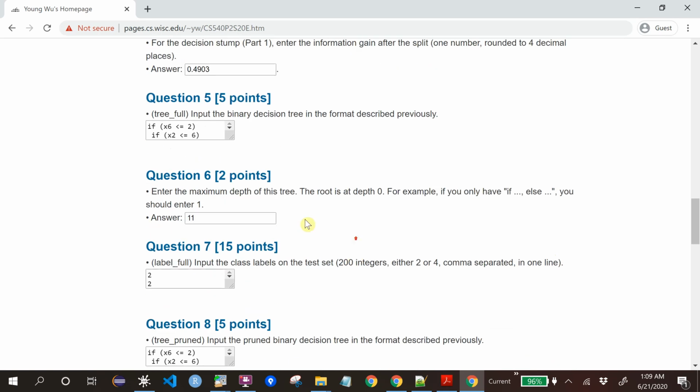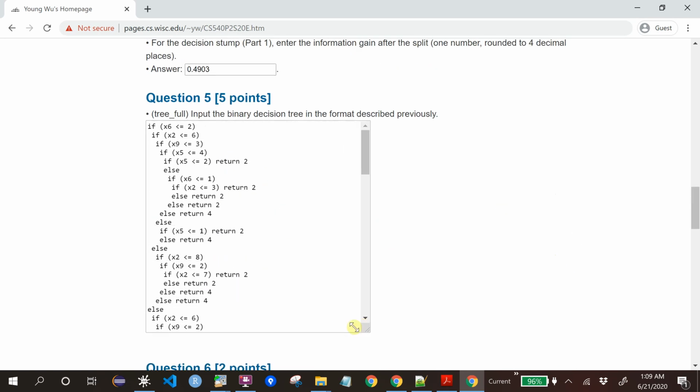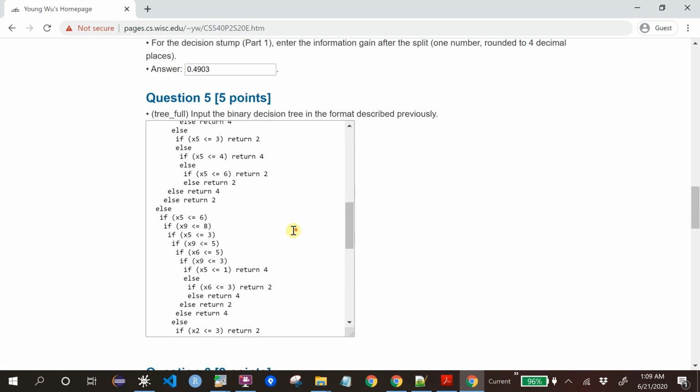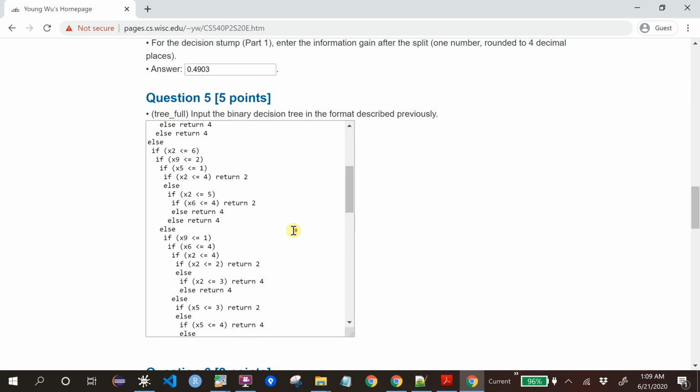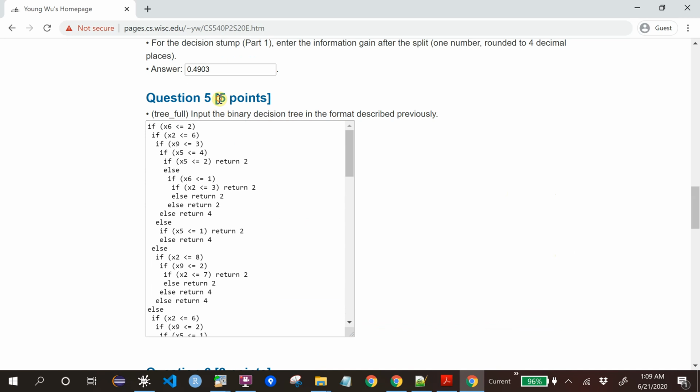And part 2, the first thing is entering the whole tree. You need to train the whole decision tree. It will be a very large tree like this. Here, it's only 5 points because I'm not checking whether the tree is correct or not. I'm just checking if the tree is entered in the correct format.